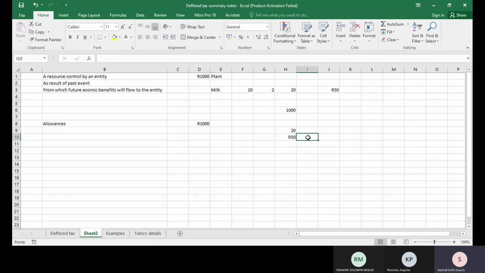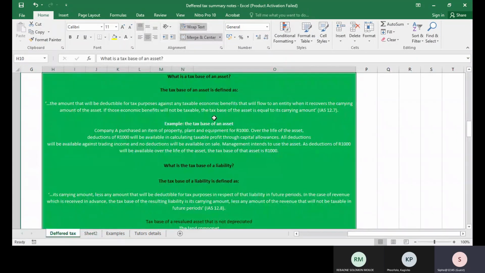So every year when you use this plant, SARS is giving you a tax benefit where instead of you paying a higher revenue tax, you're going to get a deduction of 50 Rand from SARS. So basically, that's what they mean by this definition of tax base of an asset. It's the future deduction that you're going to get from SARS when you're using this plant.